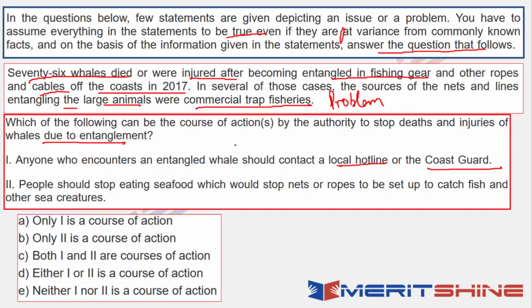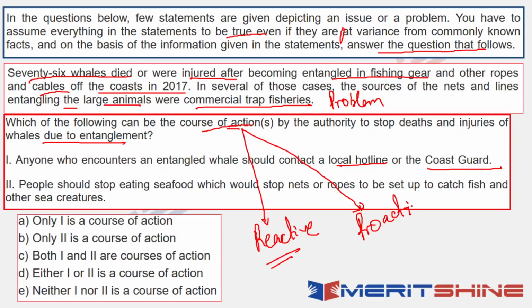So, remember always for course of action, what kind of actions can come? One is the immediate action, reactive action, the action that comes as a reaction to that particular problem to give immediate relief. The second is the proactive action, which is a plan to do something which would negate the necessity of this particular problem.